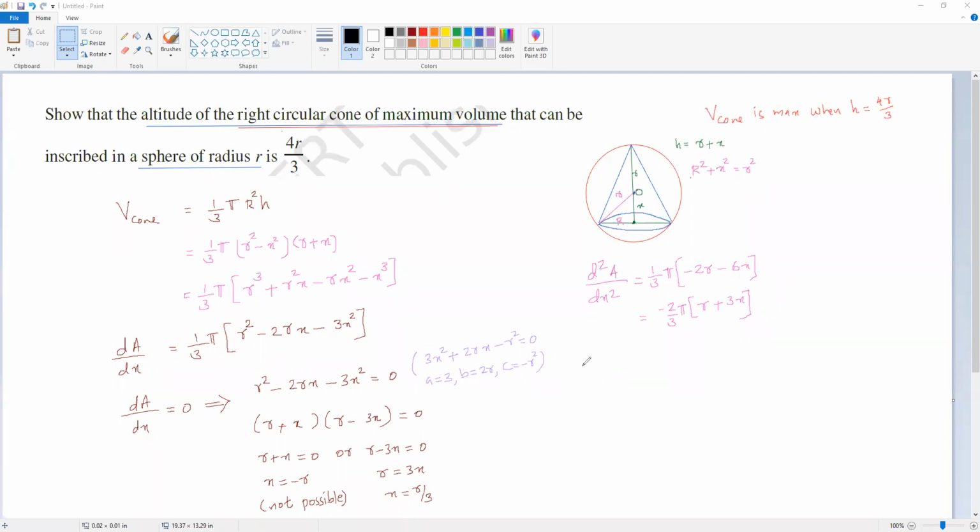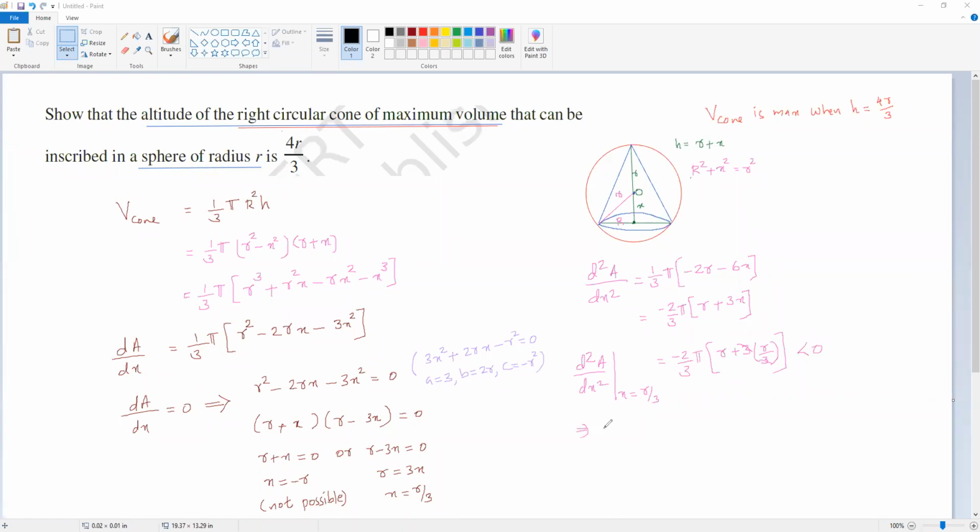Now we have to find the second derivative d square V by dx square at the point x is equal to r upon 3, which is equal to minus 2/3 pi into r plus 3 into r by 3. The 3 cancels, r plus r is 2r, whatever it is, it is positive, and positive into a negative is negative.